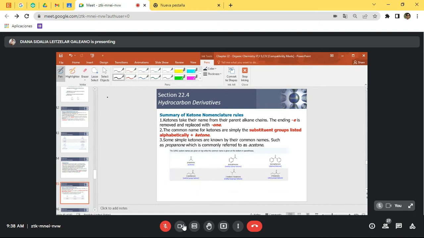So, the least number of carbons they will present is not 1, it's just 3. The number for the carbonyl will be the least one.